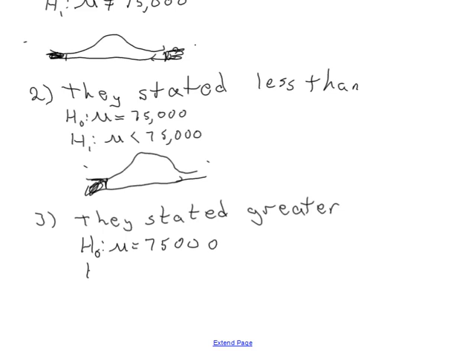The alternative is mu greater than 75,000. So those are the three types of hypotheses that you would be looking at when we're looking at the true mean of a population.